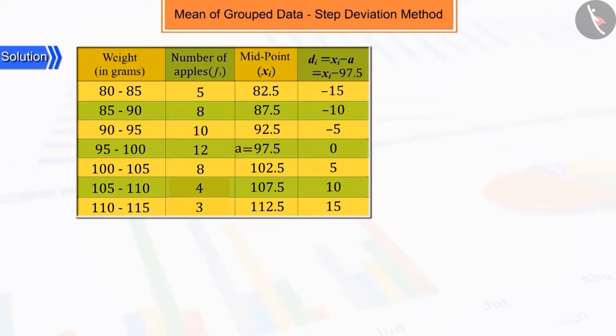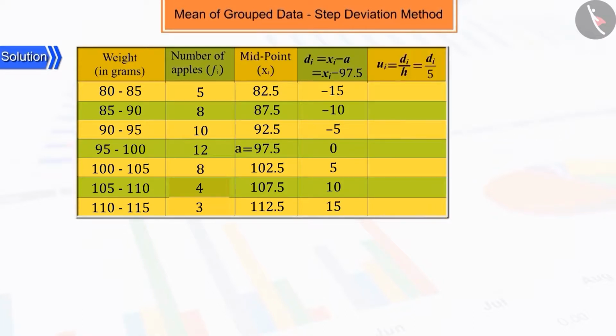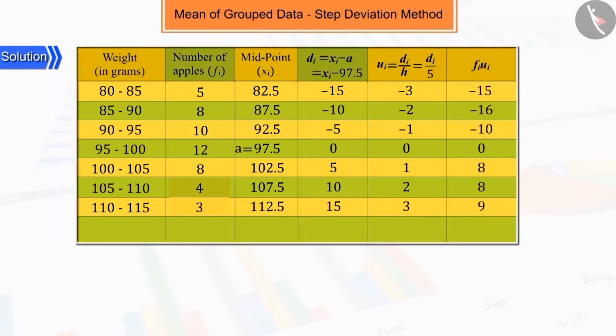Correct. To further simplify the mean, we will use the step deviation method, where we calculate the ui, that is, divide the di by the class interval h, which is 5, and form a table. To find the mean, multiply each ui by fi and find the sum of their products and the sum of the frequencies fi.